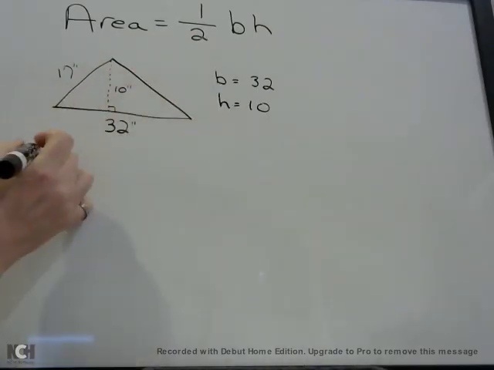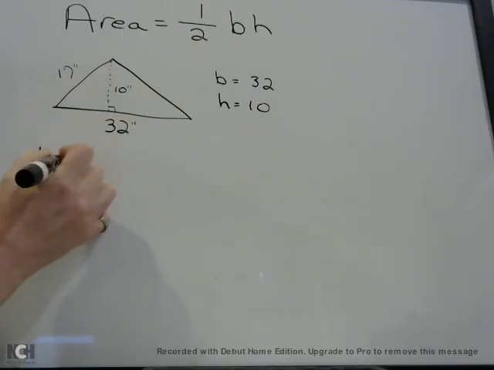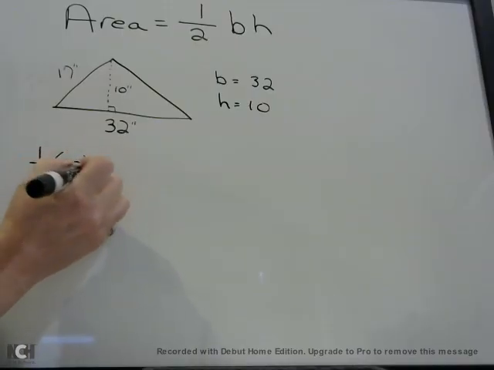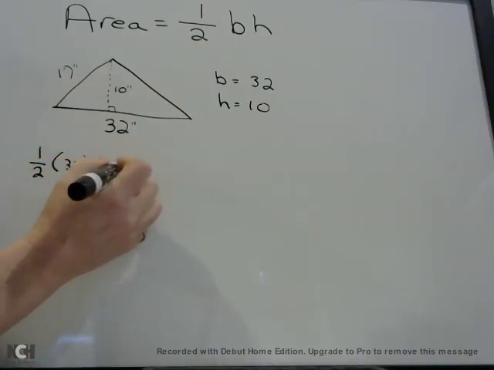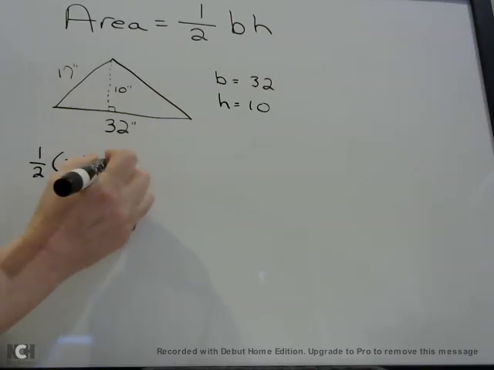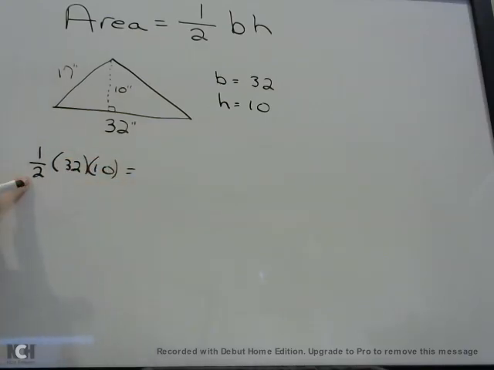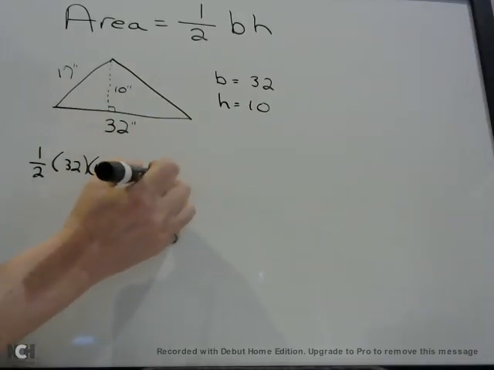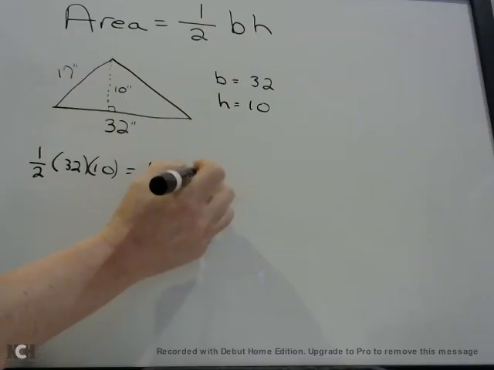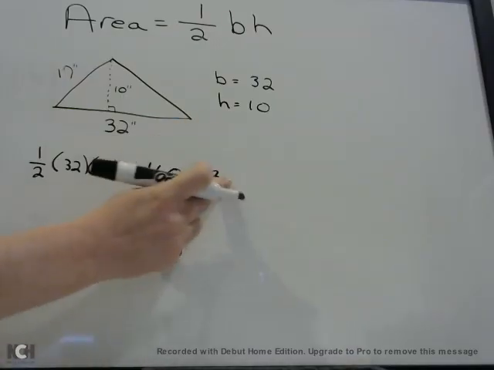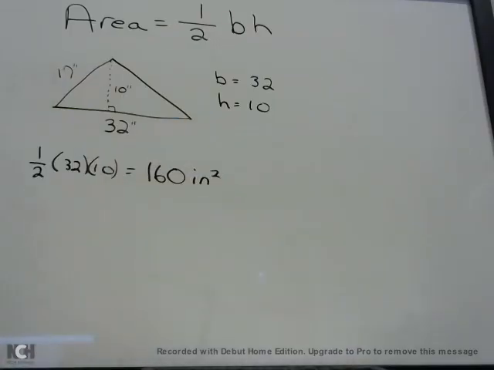So again, once we have that, we just throw that into the formula. 1/2 times 32 times 10. 1 divided by 2 times 32 times 10 if you're using your calculator. And that's going to get you 160 inches squared. Remember the squared on that.